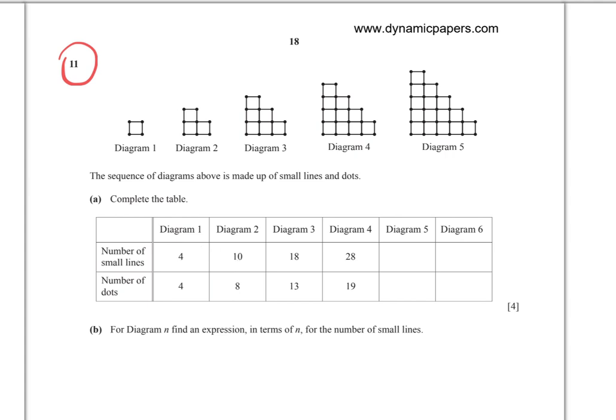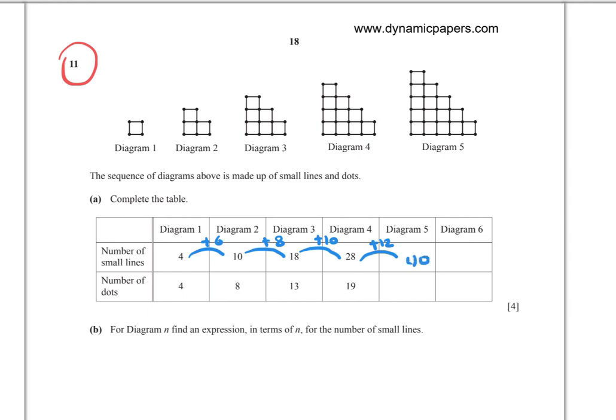Now look at the numbers and try to deduce the rule. 4 becomes 10, so we add 6. 10 becomes 18, so we add 8. 18 to 28, so we add 10. So next one, we have to add 12. So 28 plus 12, 40.